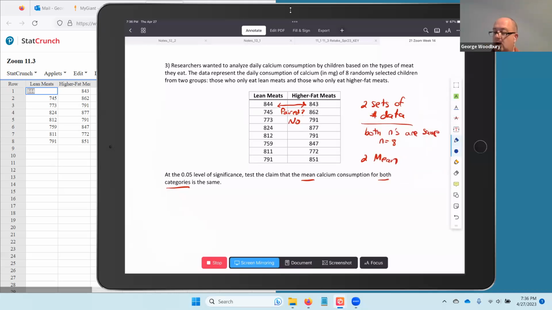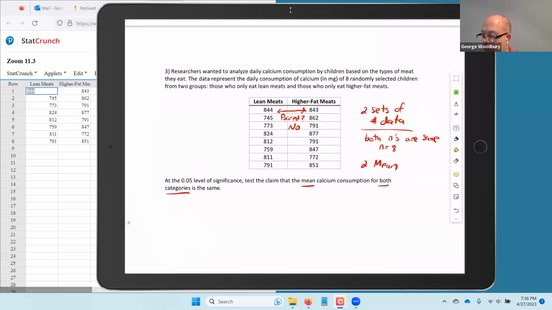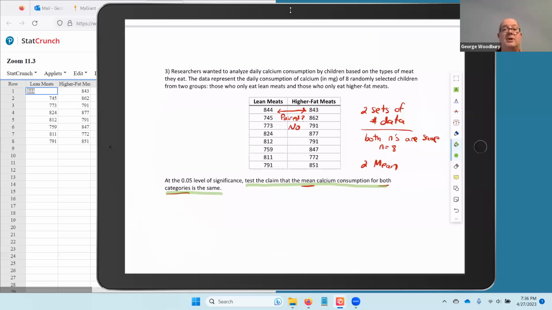First, in the claim, let me do it this way instead. In the claim, no group is mentioned first, right? It doesn't say calcium for lean meats is the same as calcium for higher fat meats or vice versa.